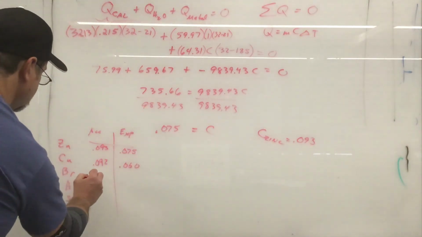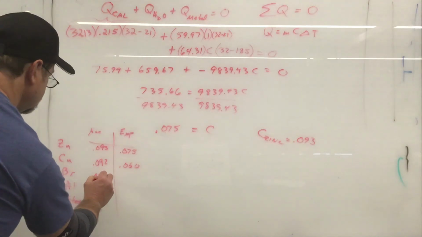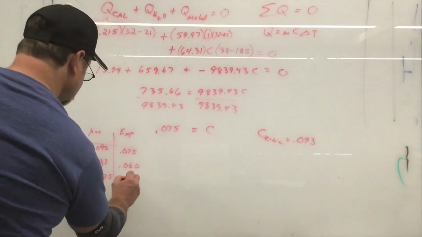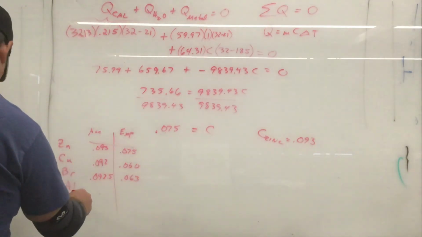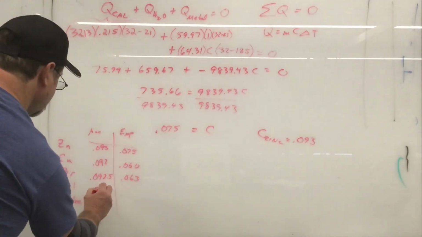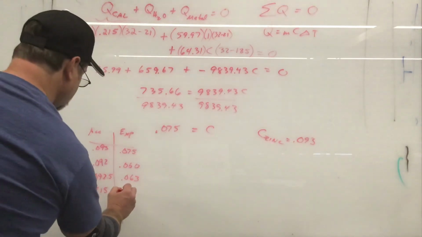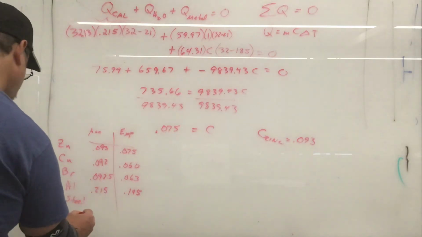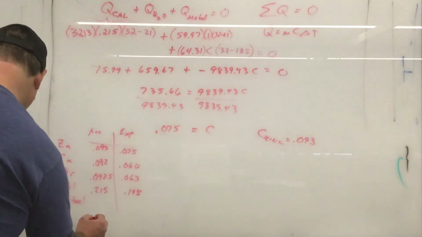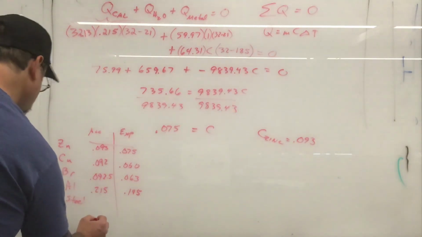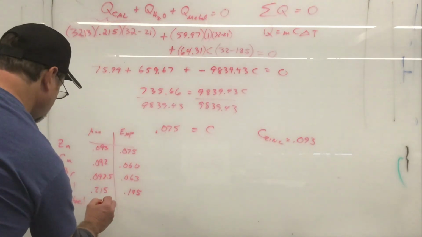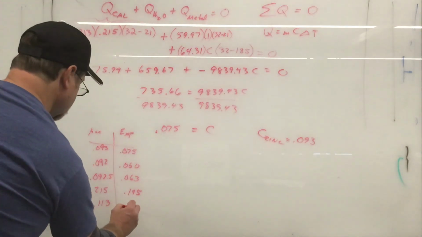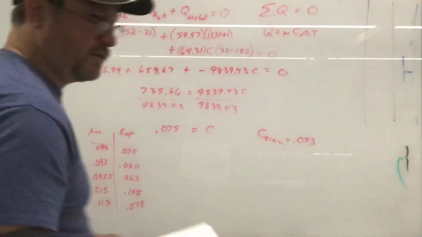For brass, 0.0925, and I got 0.063. And for aluminum, 0.215, I got 0.145. And for steel, 0.113, and I got 0.078. Let me check on those quick.